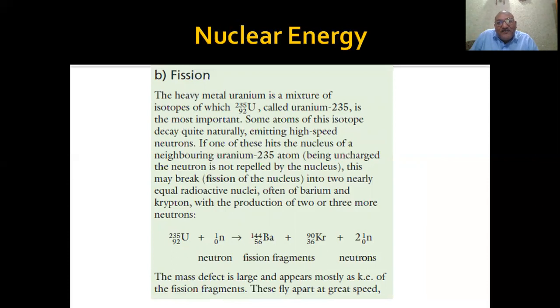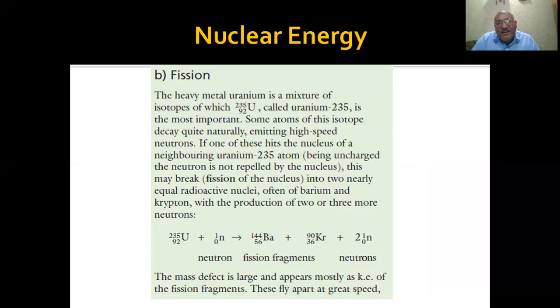So it's kind of a self-sustained reaction. So you only need to start it. Once you have started it, you take a neutron, you bombard it on the nucleus of a uranium atom, and when that breaks, two more neutrons will be produced, and they will be at very high speed, and they will move and do the fission of the neighboring uranium nuclei, and then this process will go on.